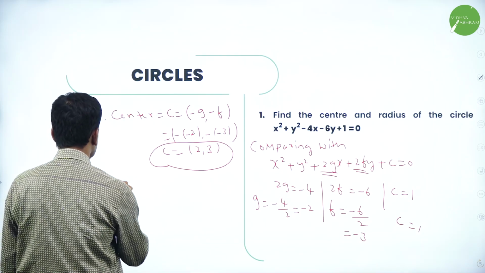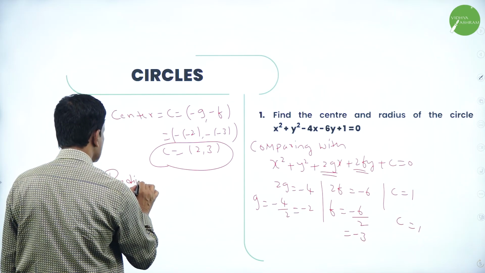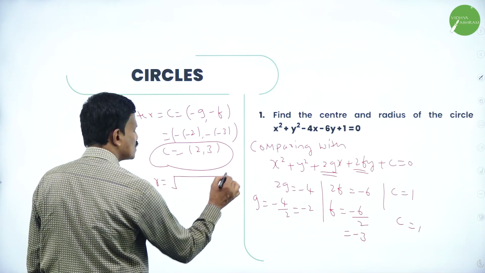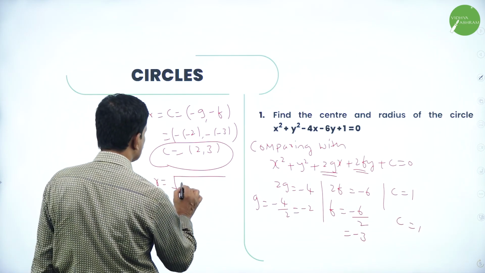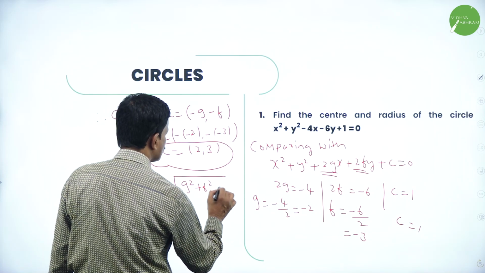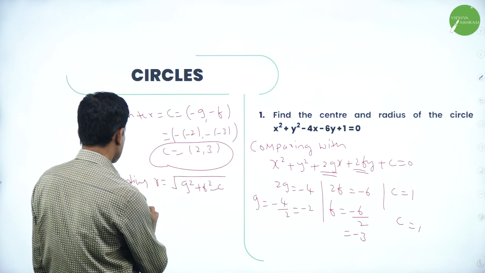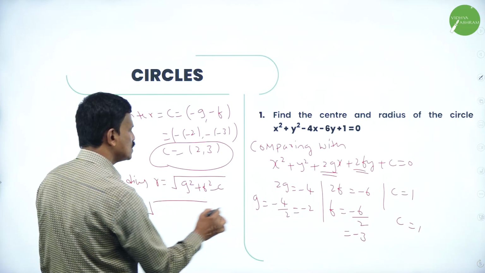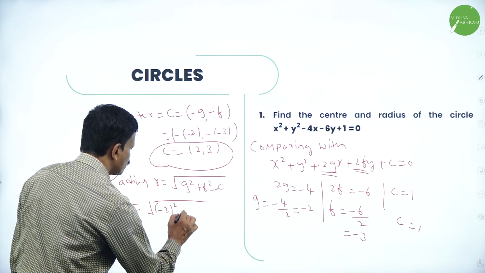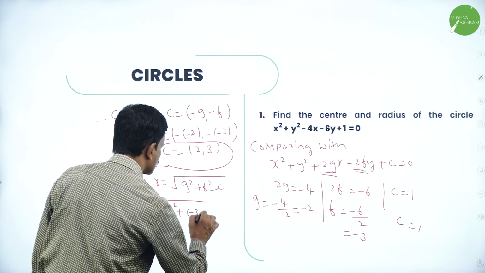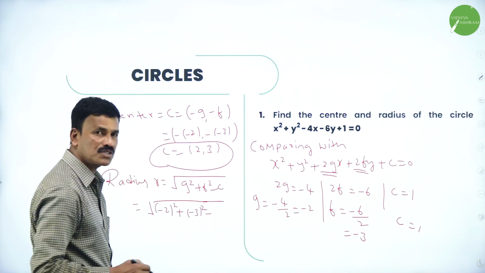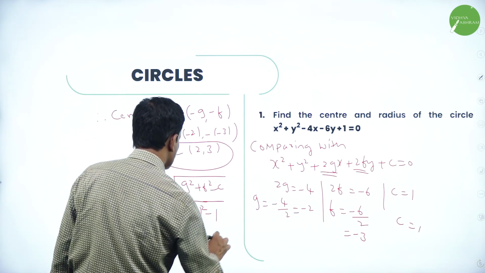Now what is the radius? The radius r is equal to, what is the formula for the radius of the circle? Root of g square plus f square minus c. So that's equal to root of, what is g? Minus 2 square plus what is f? Minus 3 square, that is g square plus f square minus c. What is c? c is equal to 1.